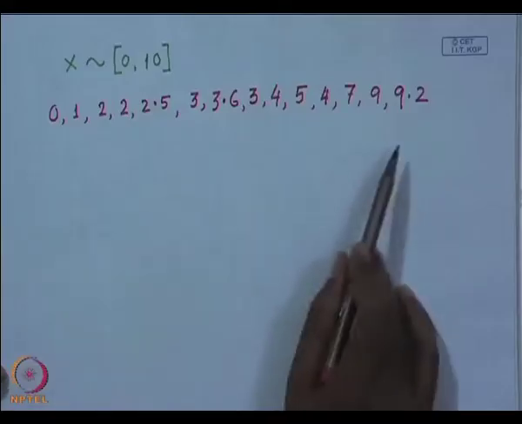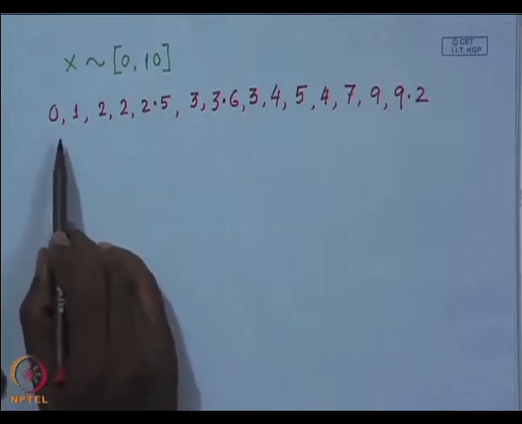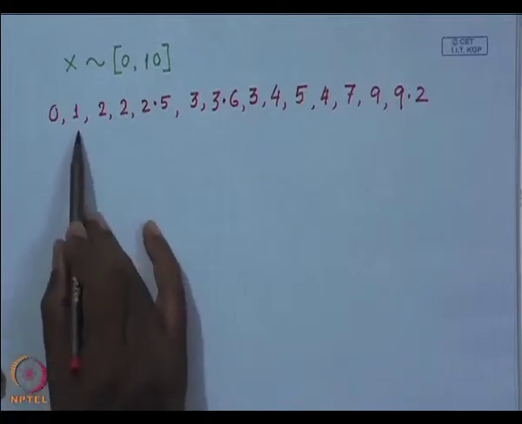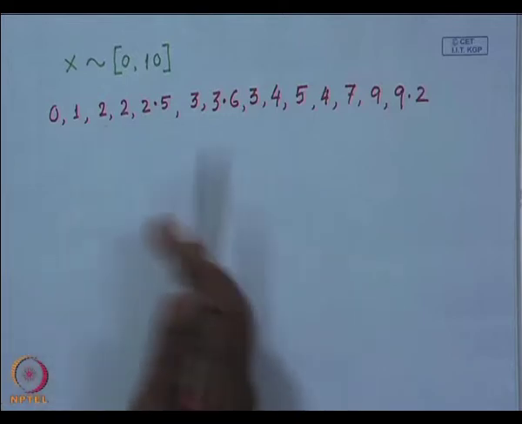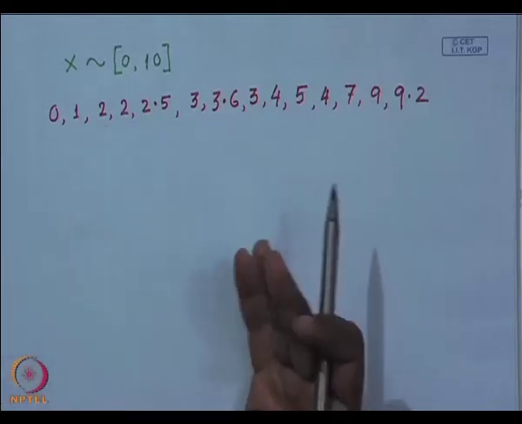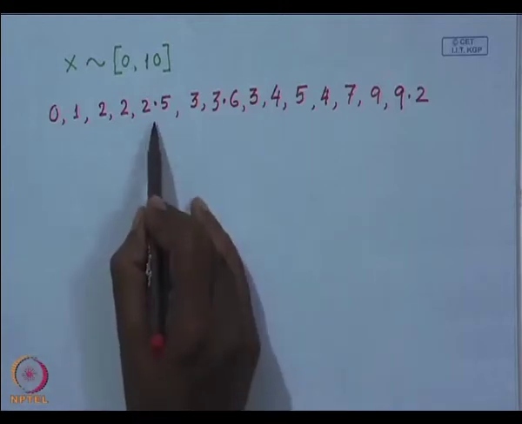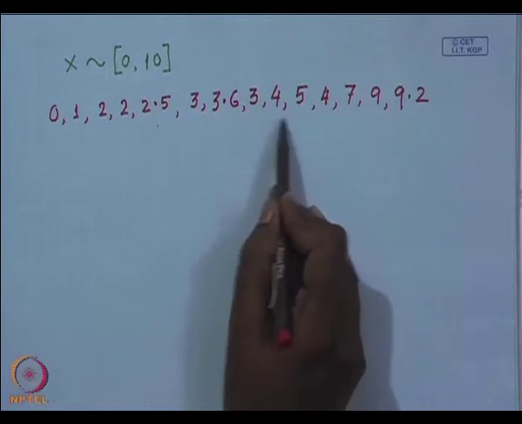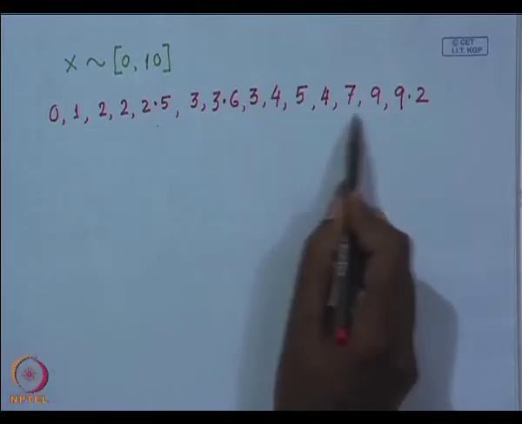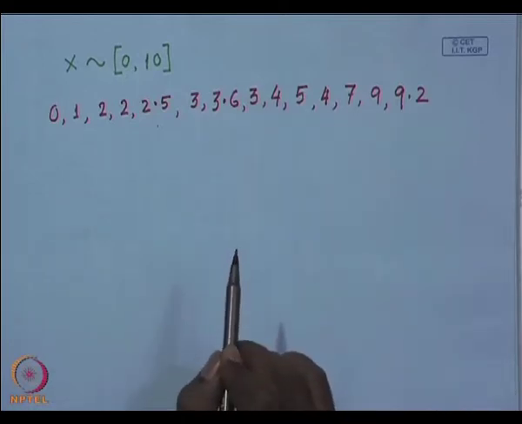So, you find that here I have a number of samples, the sampled values of x are 0, 1, 2, 2. So, 2 appears twice, because I can have 2 samples having the same values, then 2.5, then 3, 3.6, 3 again, 4, 5, 4, 7, 9, 9.2.